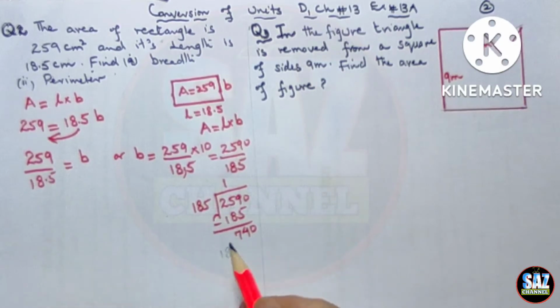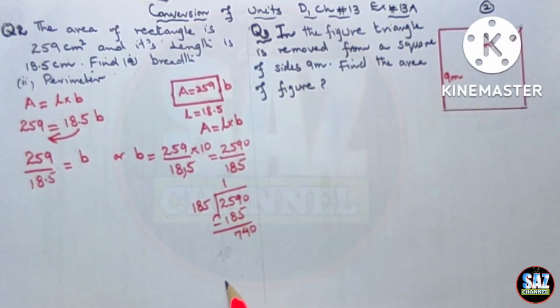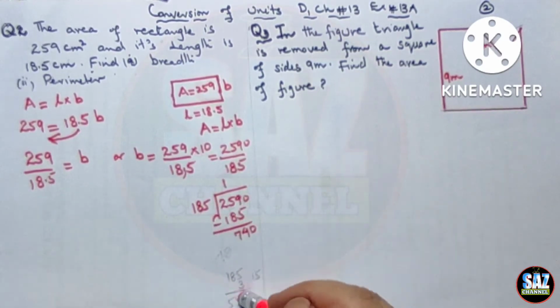Let me leave some space over here. 185 multiplied by 3: 3 5s are 15, 8 3s are 24 and 1 is 25, and 3 1s are 3 and 2 again 5. So this is less, 555.